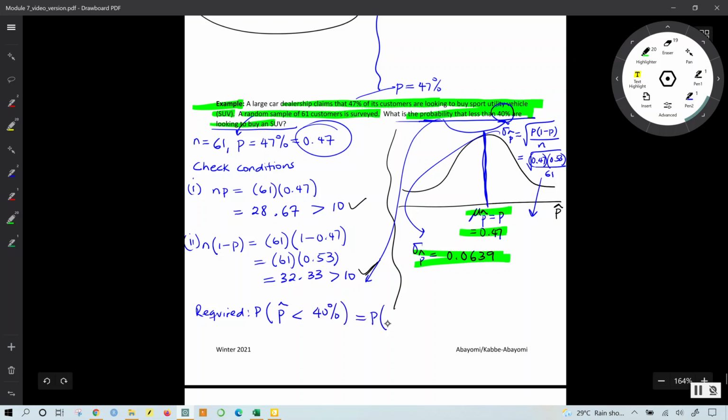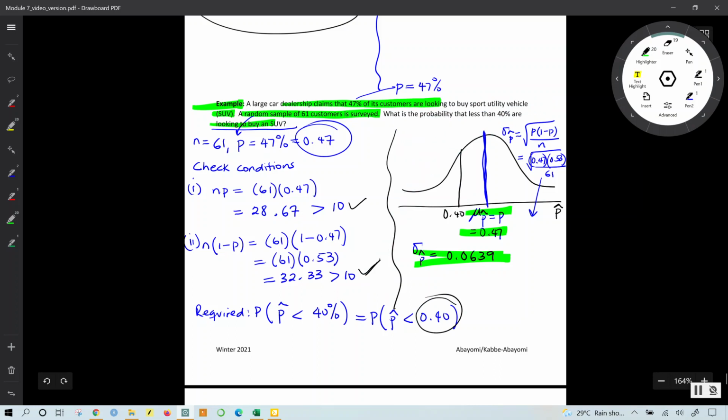That will be the probability that p hat is less than 0.40. So I can find the number 0.40. That will be somewhere here. And with that said, I'm looking at the probability in the area below 0.40.